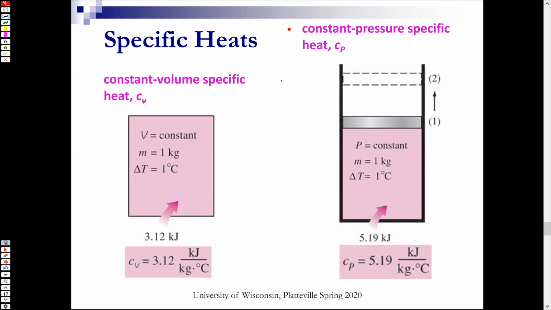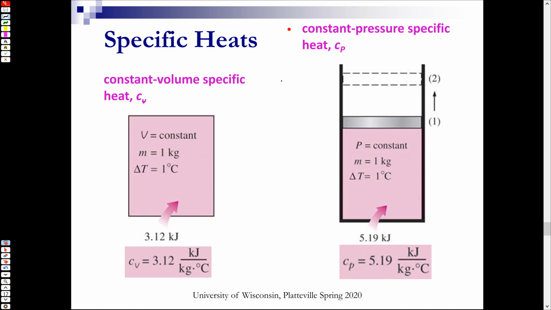For instance, the Cv for one material might be 3.12 kilojoules per kilogram degree Celsius, meaning that in order to increase the temperature of 1 kilogram of this material by 1 degree Celsius in constant volume, we should use 3.12 kilojoules of heat.